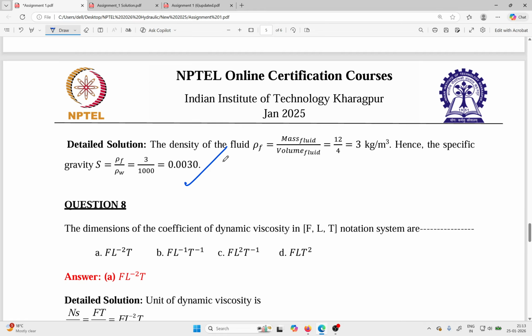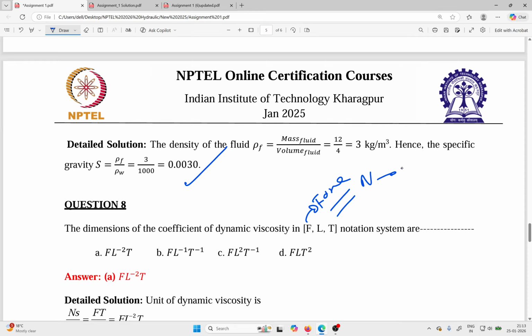Okay, the next question is the dimension of the coefficient of dynamic viscosity. In notation here you need to follow FLT. F is nothing but the force unit, means Newton.